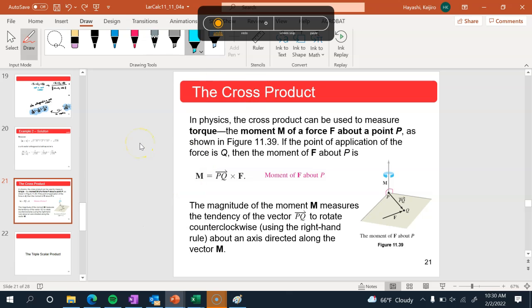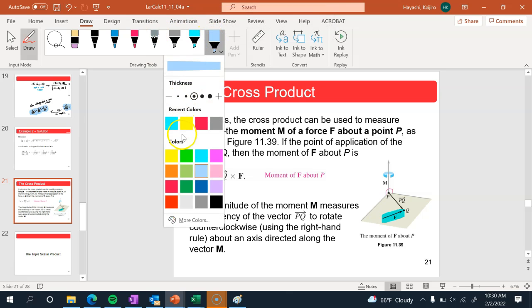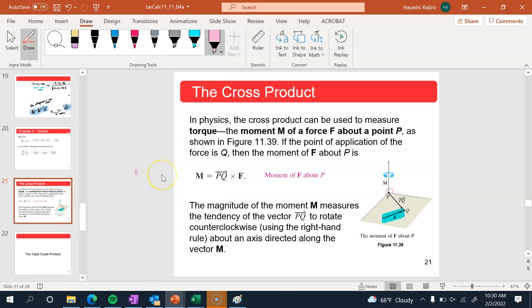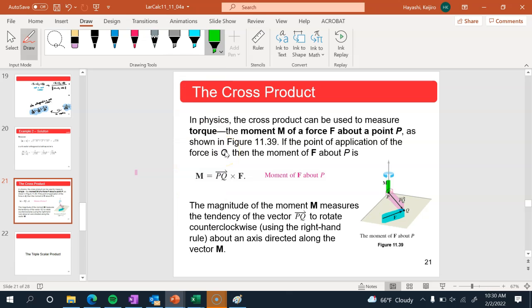If you consider the direction of that force as one vector, and the distance from the axis of rotation to where the force is being applied as another vector, the cross product of those two vectors will give the moment of the force about the point of rotation, which is right here.